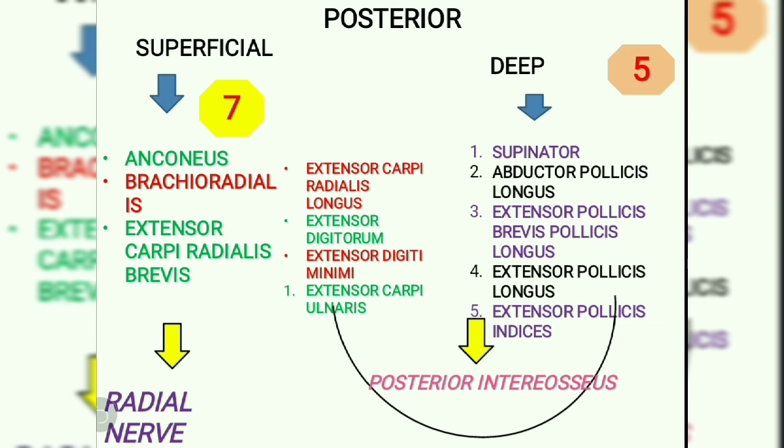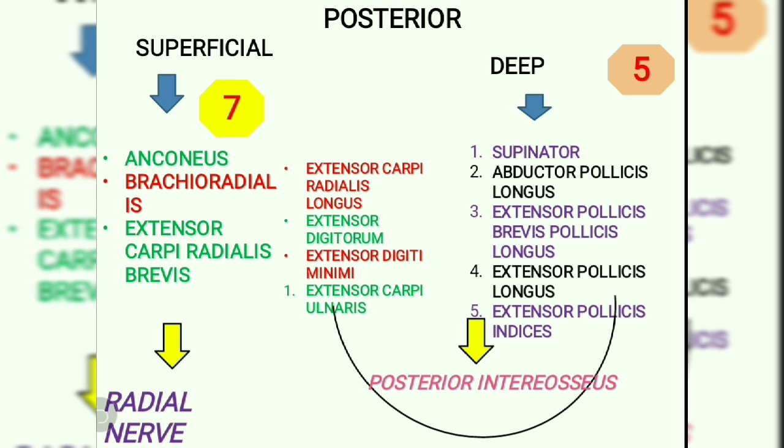The 3 muscles supplied by the radial nerve are anconeus, brachioradialis, and extensor carpi radialis brevis. And the extensor carpi radialis longus, extensor digitorum, extensor digiti minimi, and extensor carpi ulnaris are supplied by the posterior interosseous nerve.